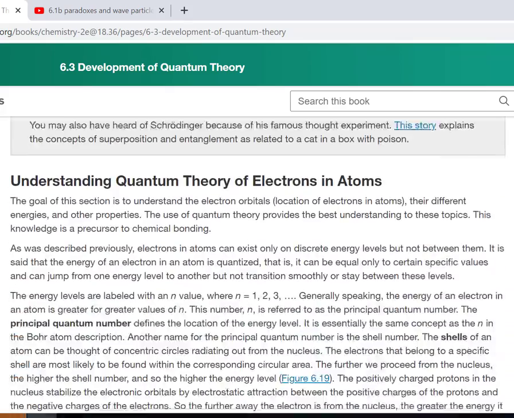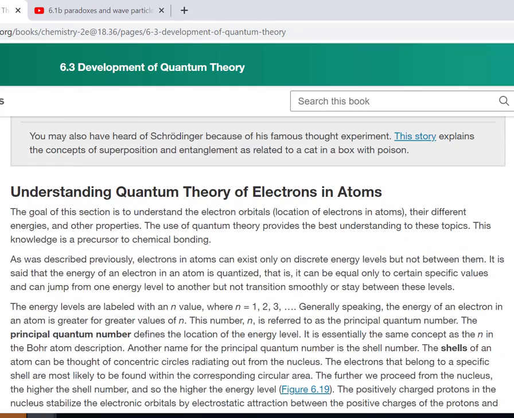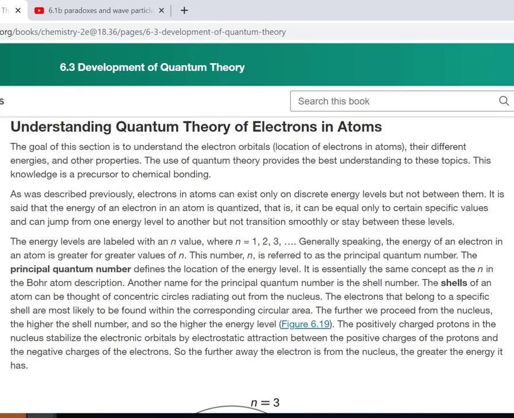But we'll look at the results of the calculations from that. So the results are going to be quantum numbers. And the one we're going to care about is the principal quantum number. And that's essentially the energy levels that we've already referred to. So these are quantum numbers, so 1, 2, 3, etc.